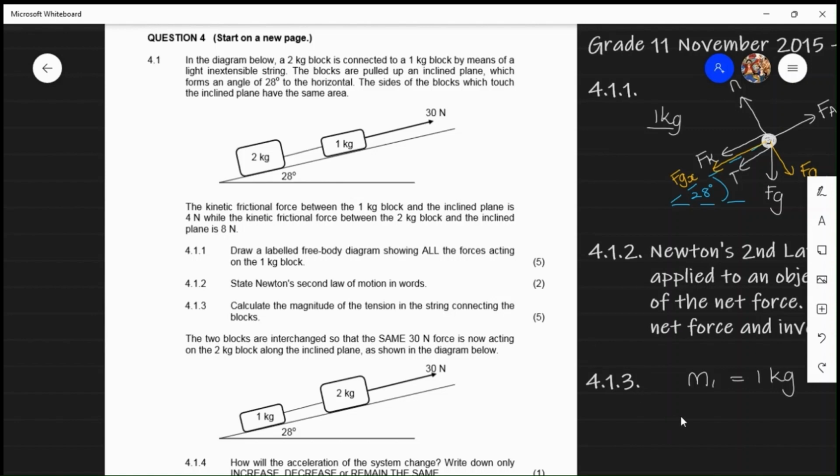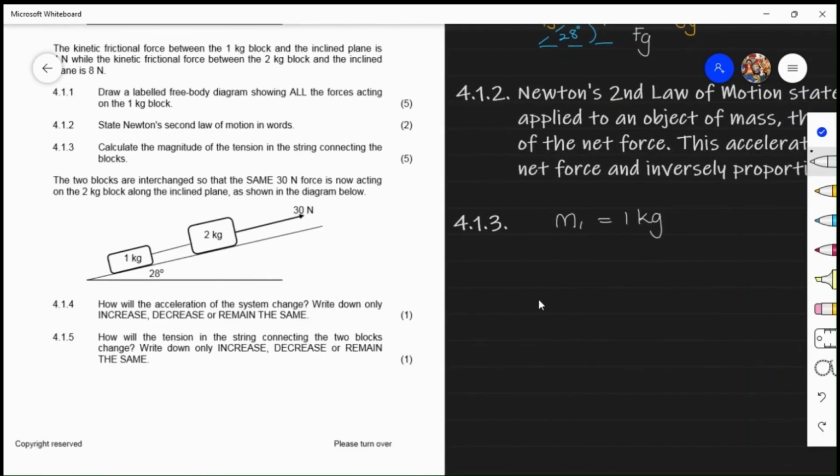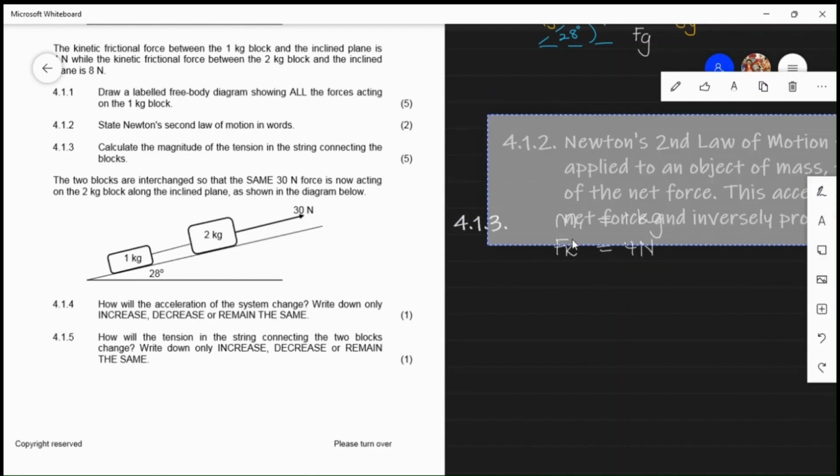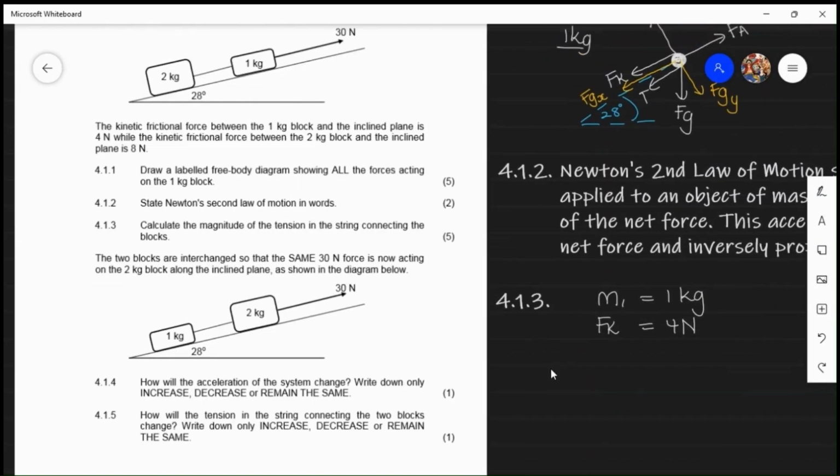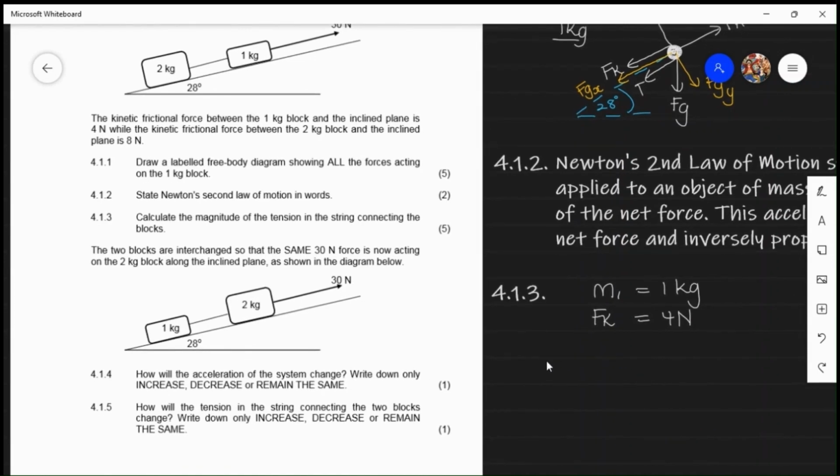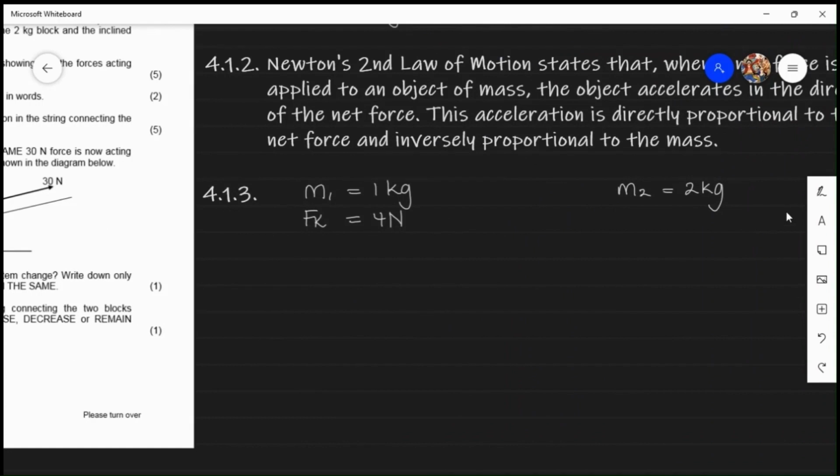So we have the kinetic frictional force of the 1 kg block, and that is 4 newtons. While the kinetic frictional force between the 2 kg block and the inclined plane is 8 newtons. So we now have the kinetic frictional force of the 2 kg block, which is 8 newtons.